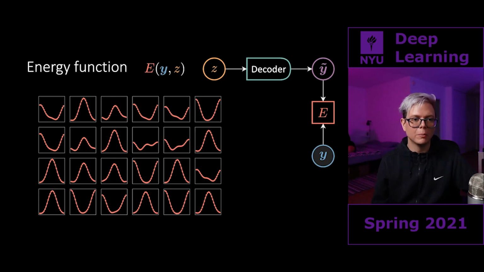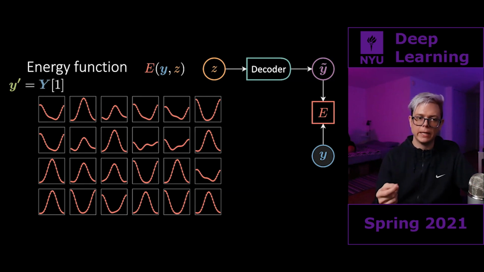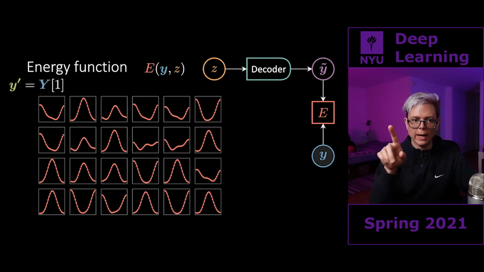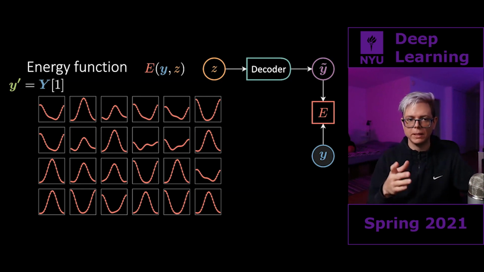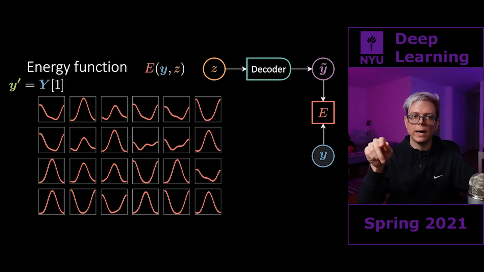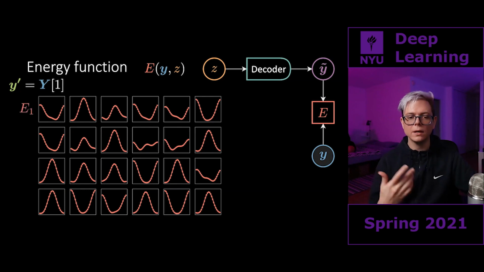So the first one, top left here, is going to be the energy associated to whenever I pick my y from the data set, that is, the first component. So y square bracket 1 means my first y in my data set. I represent it as my y pick, with the apostrophe to say I pick that. And so this one will generate a function E1.